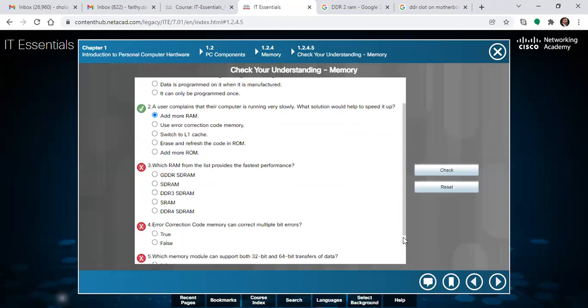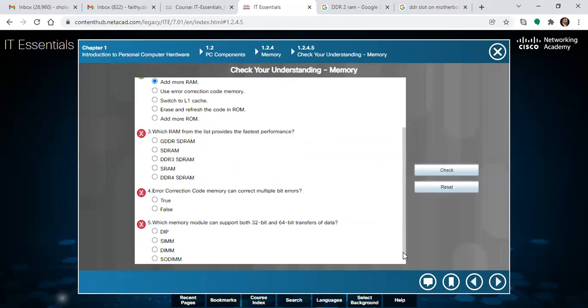All right, Group C. Which RAM from the list provides the fastest performance? DDR4. Final answer? Which RAM from the list provides the fastest performance?